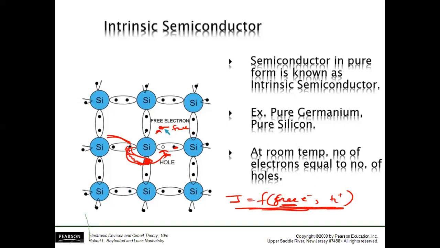This is free. Just by providing an appropriate amount of voltage or electric field, it will start flowing in that direction, and you will get current in the opposite direction. If we look at it this way, the free electron exists in the conduction band, and this exists in the valence band.